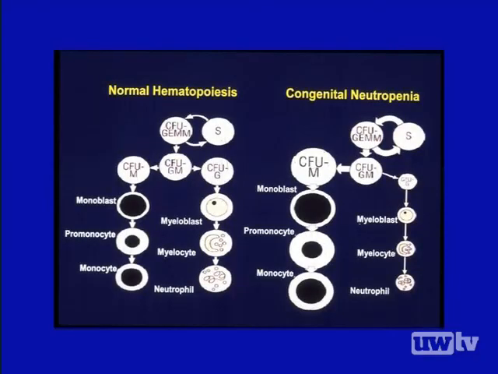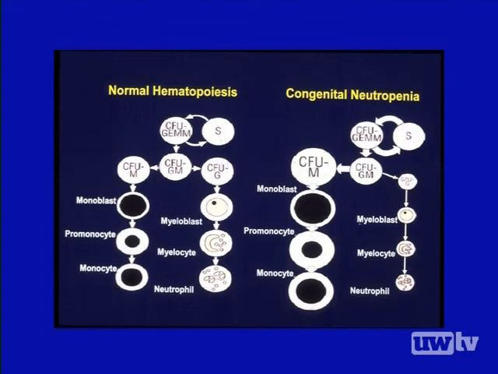We know a good bit about this, but I won't dwell upon it in detail tonight. Simply to mention that this is the normal process where stem cells lead down different pathways in terms of making neutrophils. We have a partner or a sidekick on this side, monocytes. Our body makes these cells by sending them down a common pathway where it divides, and you normally have a certain number of these and a certain number of these.